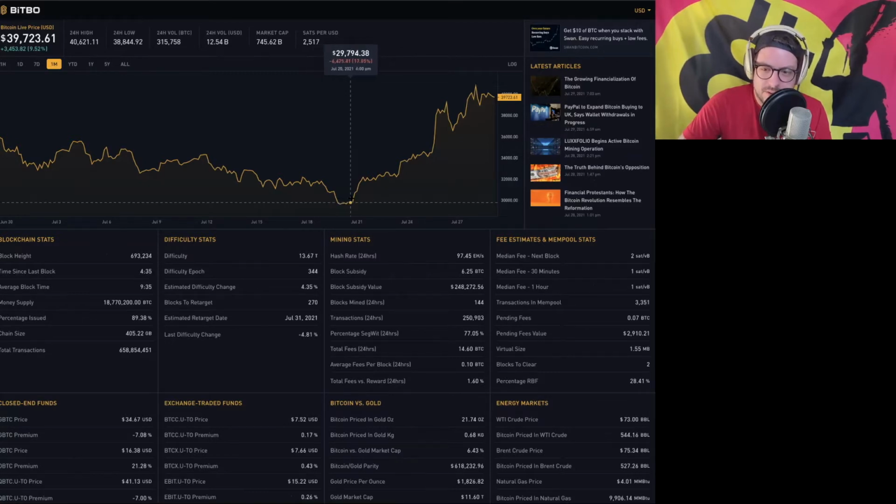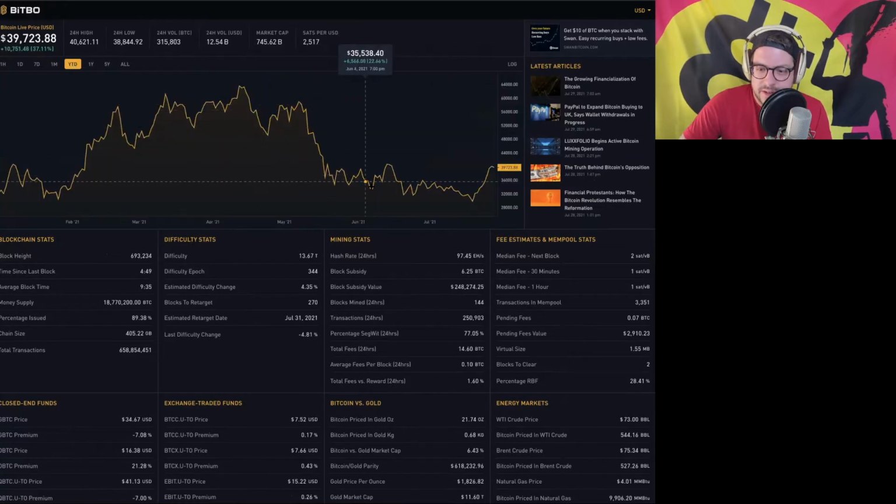Right around July 21st, we started getting a huge run in Bitcoin, and it's showing no signs of letting up. We had a couple disappointing fake outs earlier in the year, a couple runs up to 40 and a crash right down. That still could happen. That's altogether possible. But on-chain metrics are not showing that that's the case right now.